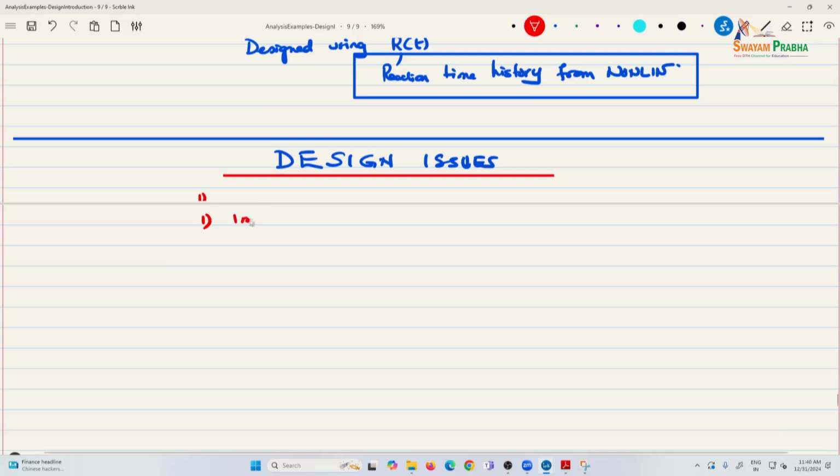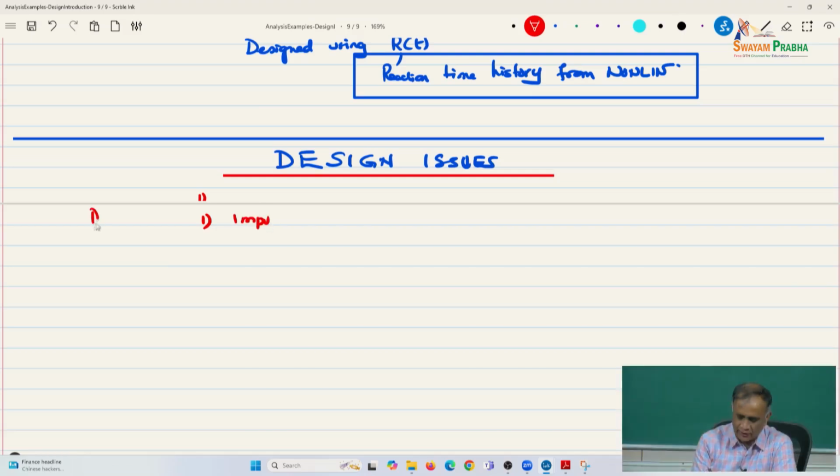Let us start with, again, you can have impulse based design for impulse loading or impulse response I should say, or you can have it for dynamic or quasi static.